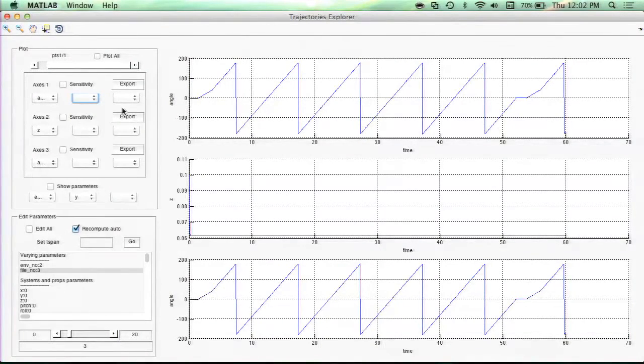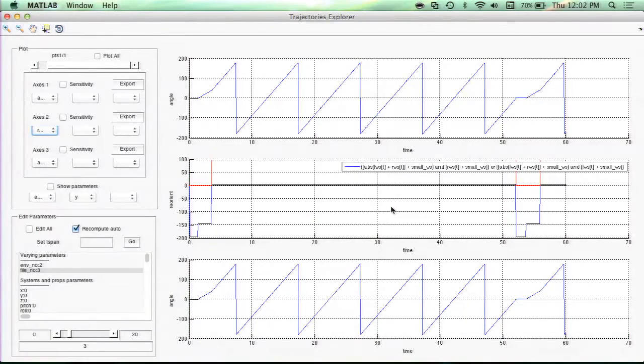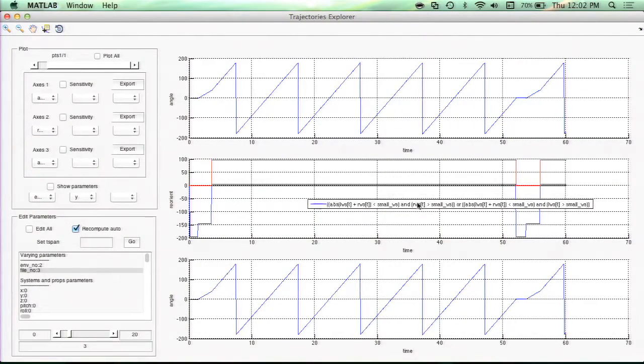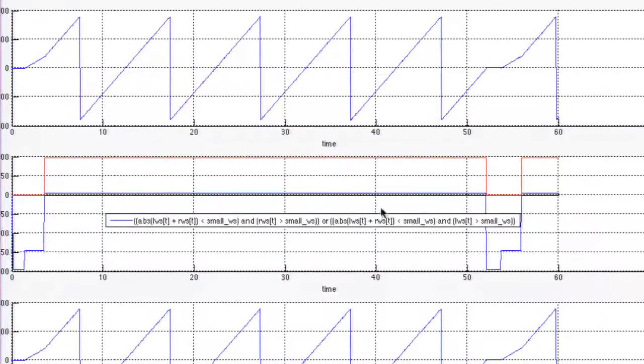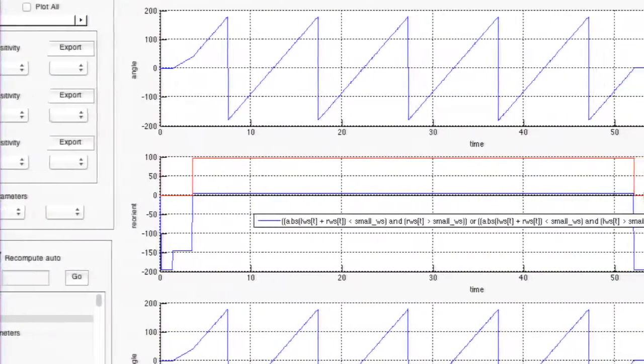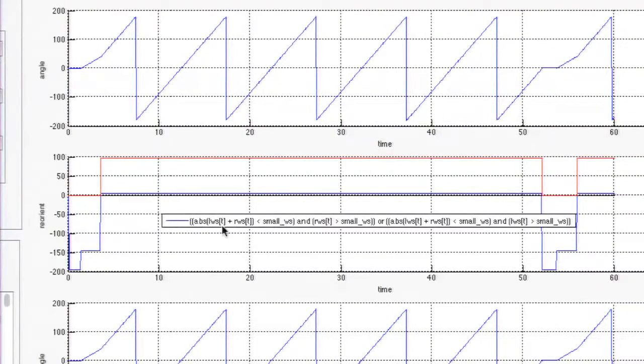Okay, so we have the angle there. Now we have the property, reorient. What I represent here, maybe I can zoom in a little bit, is the reorient property. Let's just look at the red signal.